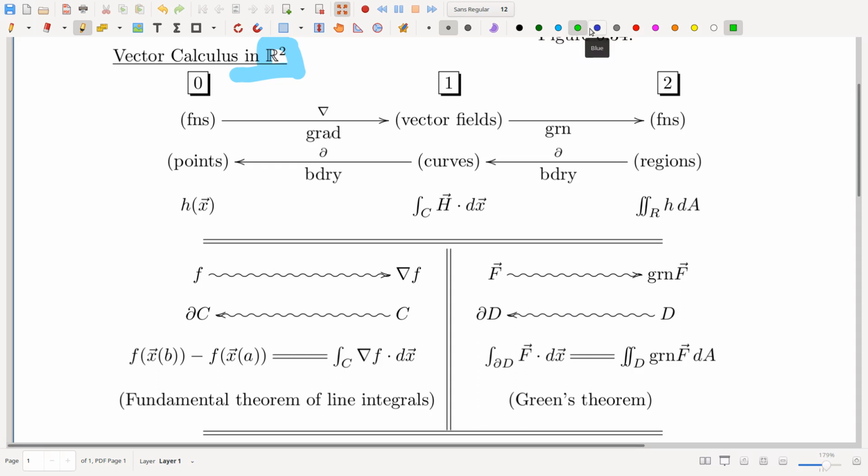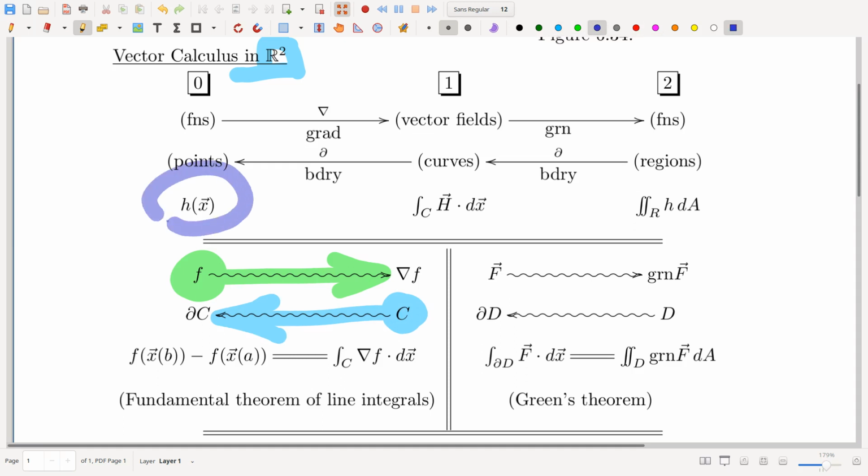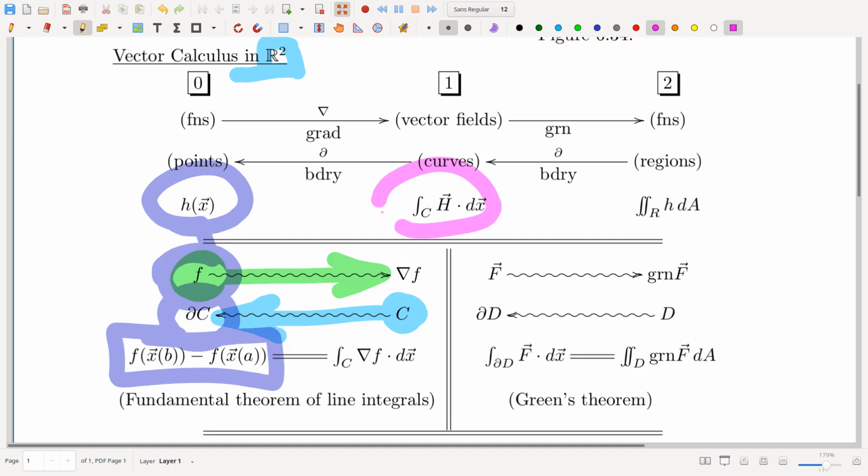The fundamental theorem of line integrals says that if I have some function and I look at its gradient, and if I take some curve and look at its boundary points, then if I do this kind of an evaluation of that function on those boundary points, versus if I do this kind of an evaluation of that gradient on my original curve, I get the same thing.